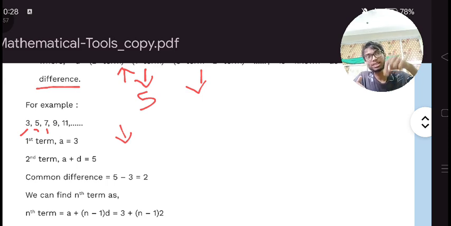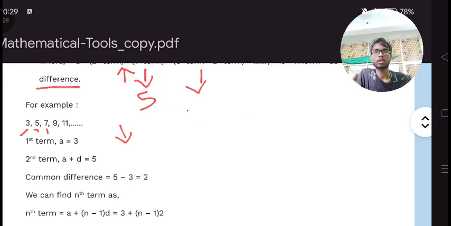To calculate this number, we will have to use the formula of arithmetic progression. This is not complex. After understanding it, you will enjoy this formula of arithmetic progression. Not just calculating this number, there are more uses of this AP. You will see.